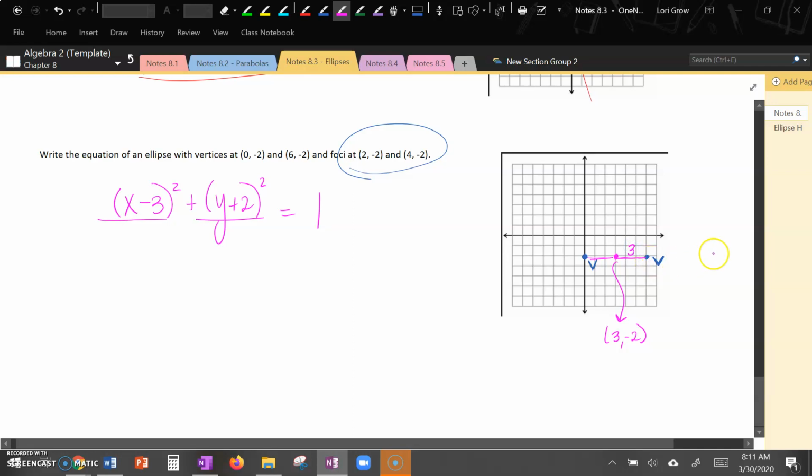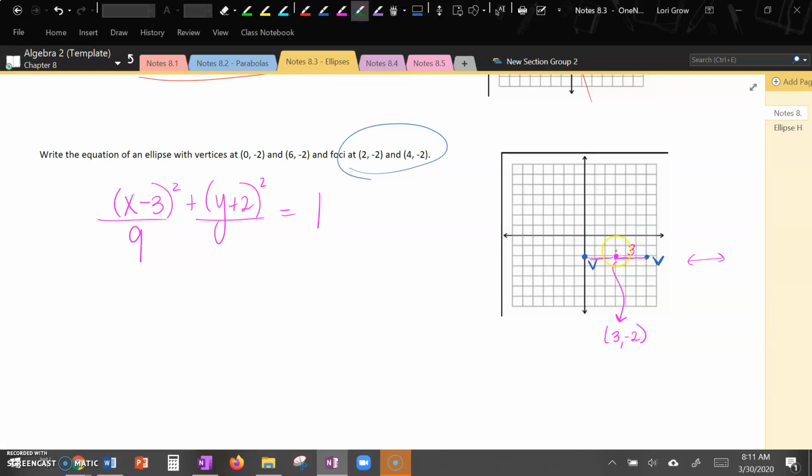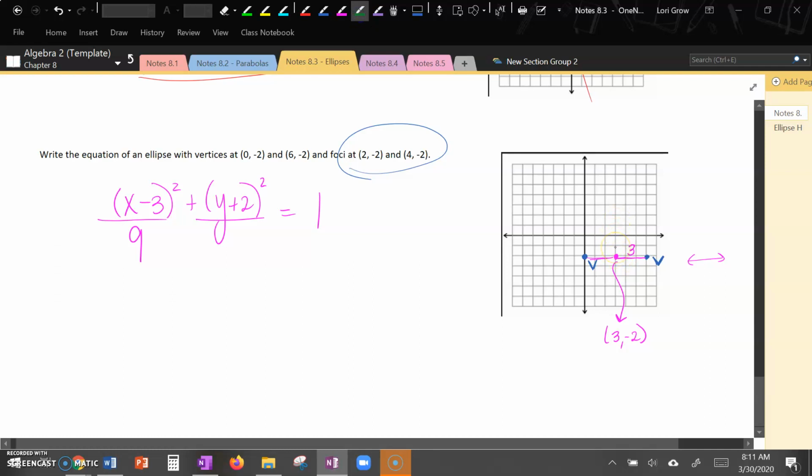That's in the horizontal direction, so that'll go under the x's, 3 squared. All right. Now I don't know how far I need to go in the co-vertex direction, but I do have this focus value of 2, -2, and 4, -2.